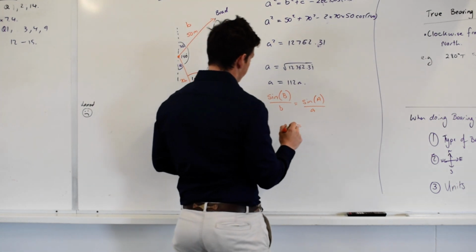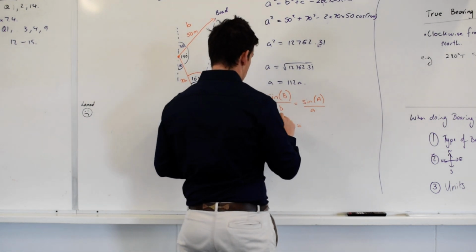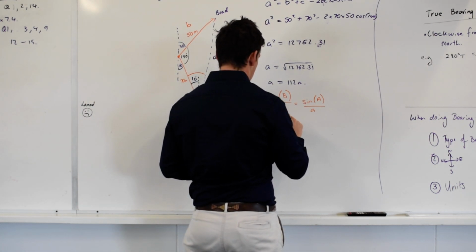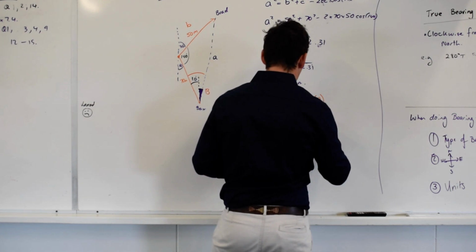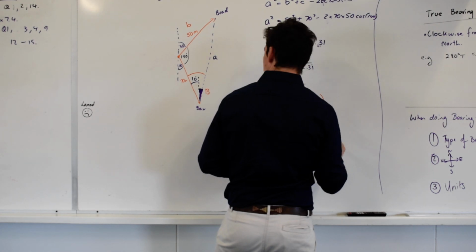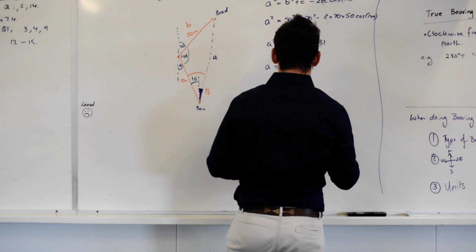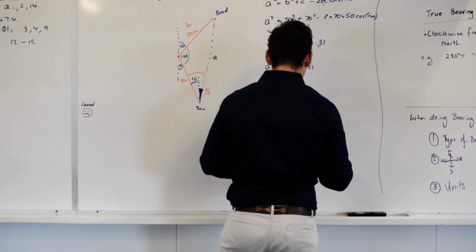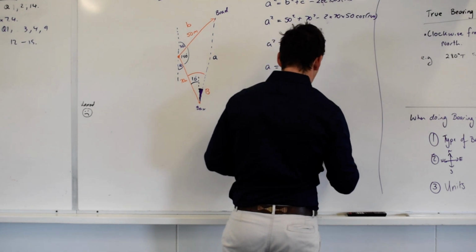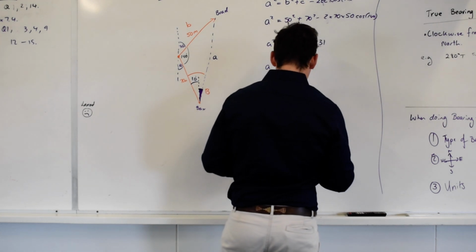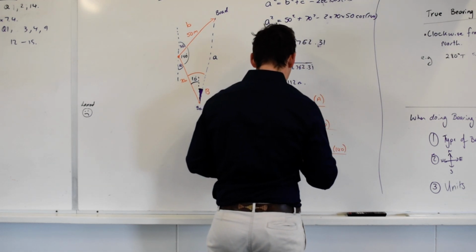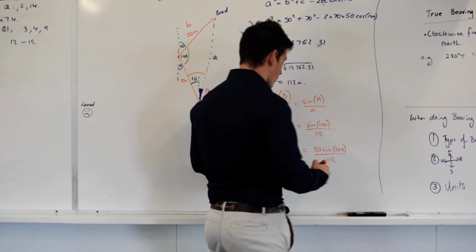So I've got sine B over 50 equals sine 140 over, what did we say it was, 112. Sine B equals 50 sine 140 over 112, and I get B, Brad, what do I get B to be?